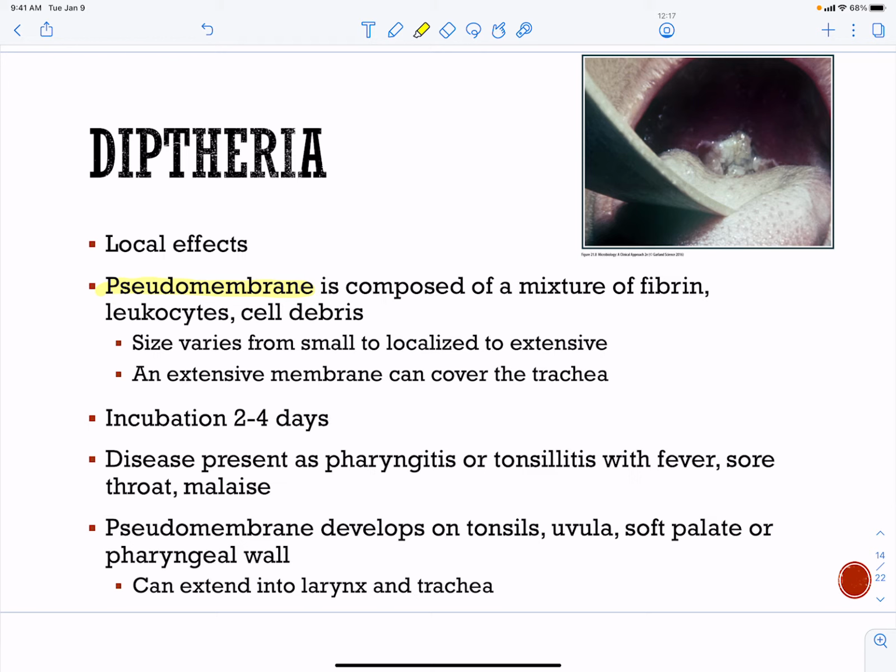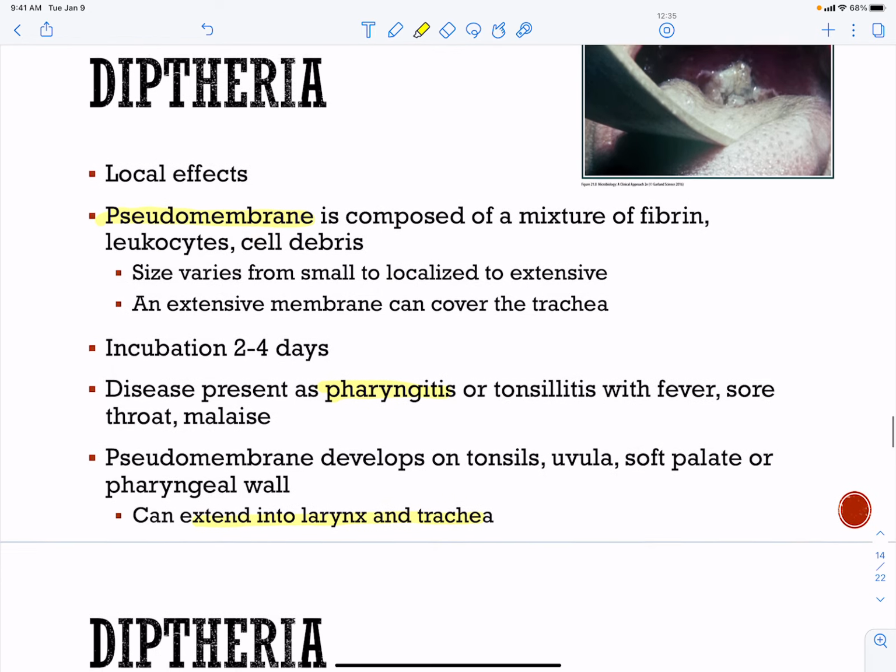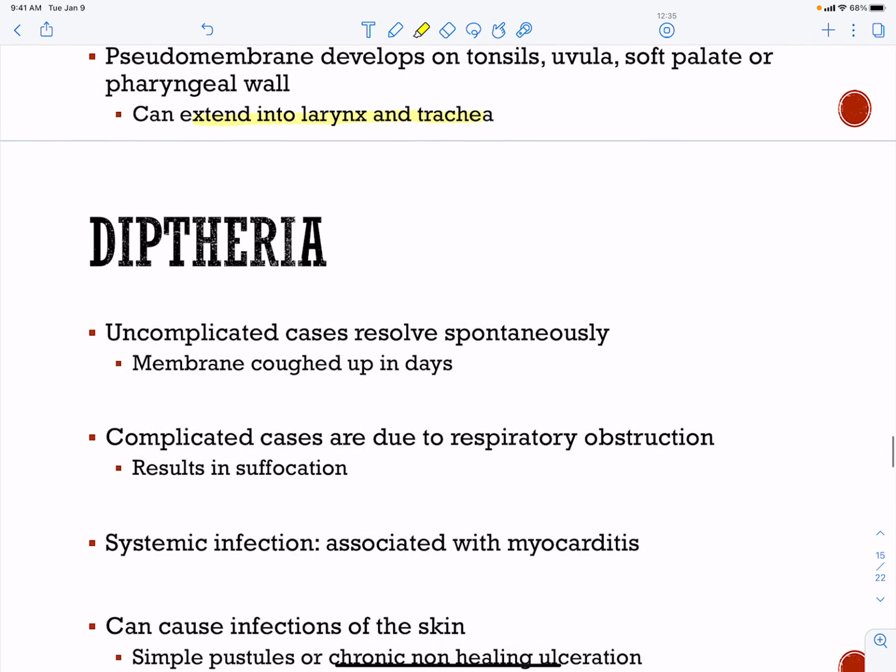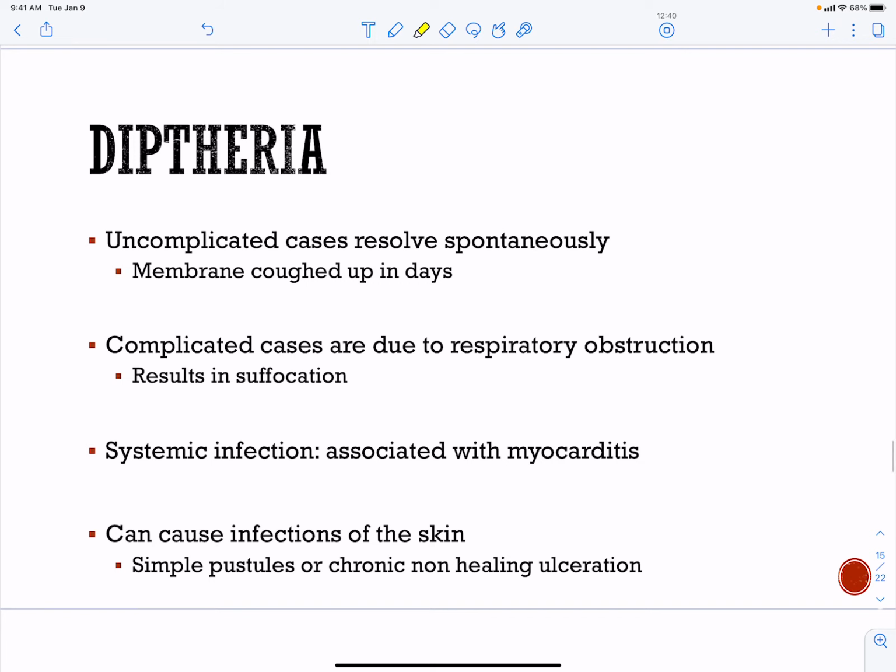The incubation is very short, 2 to 4 days, and you're going to have a pharyngitis similar to a group A type of strep. Same similar features: flu-like symptoms, fever, sore throat, malaise. The pseudomembrane can extend into the larynx and the trachea, and you can potentially have suffocation associated with that pseudomembrane.